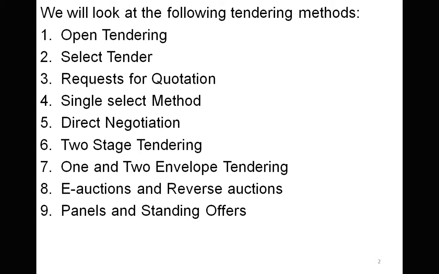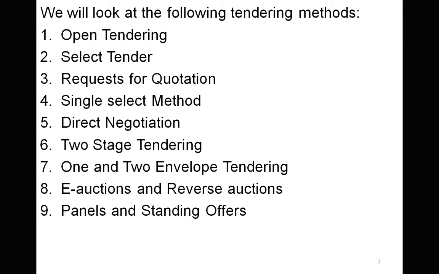That's not to say that architects have to be involved in everything in calling tenders. Let me say that. What we're looking at today is these 9 different things. The main ways of tendering for construction are 1 to 5, and 6 to 9 are more detailed and relate to each of 1 to 5.